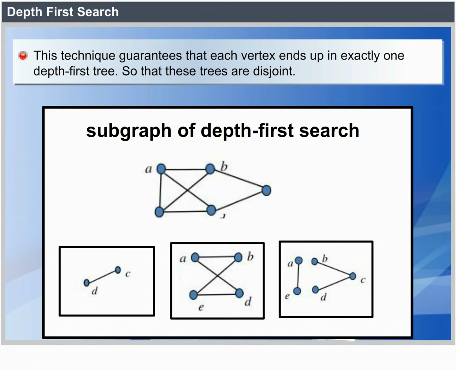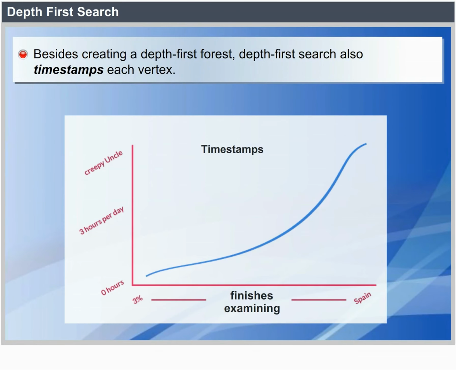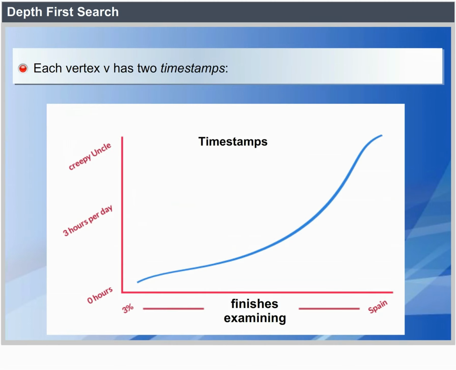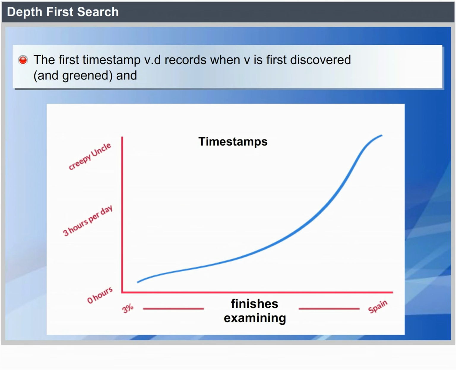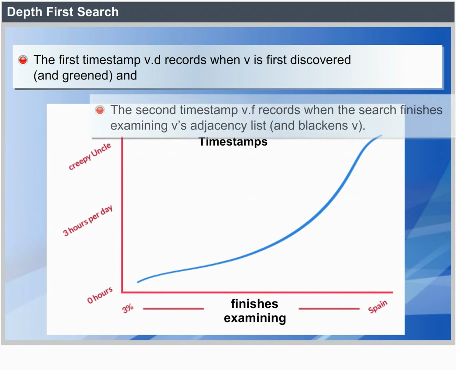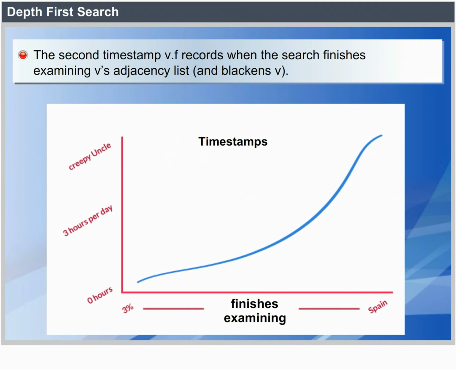Besides creating a depth first forest, depth first search also timestamps each vertex. Each vertex v has two timestamps. The first timestamp v.d records when v is first discovered and greened, and the second timestamp v.f records when the search finishes examining v's adjacency list and blackens v.